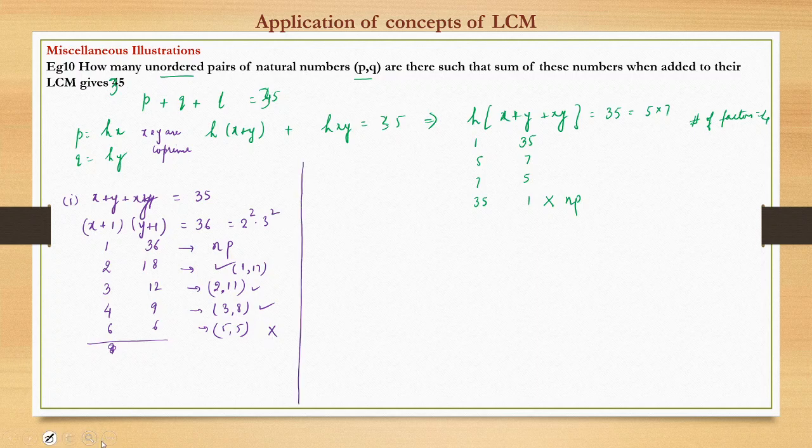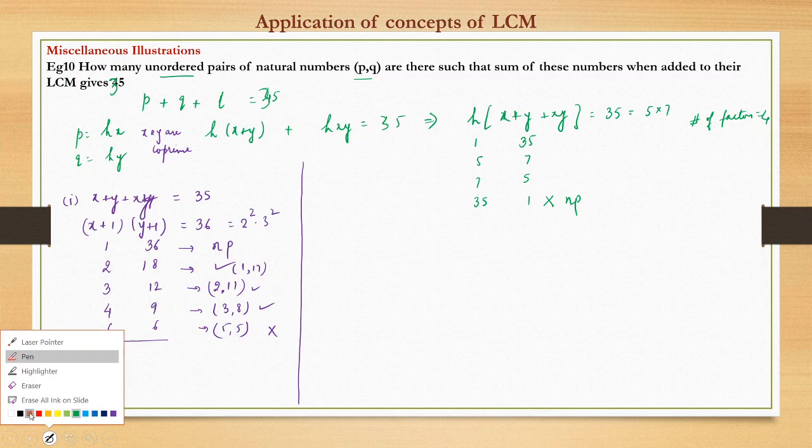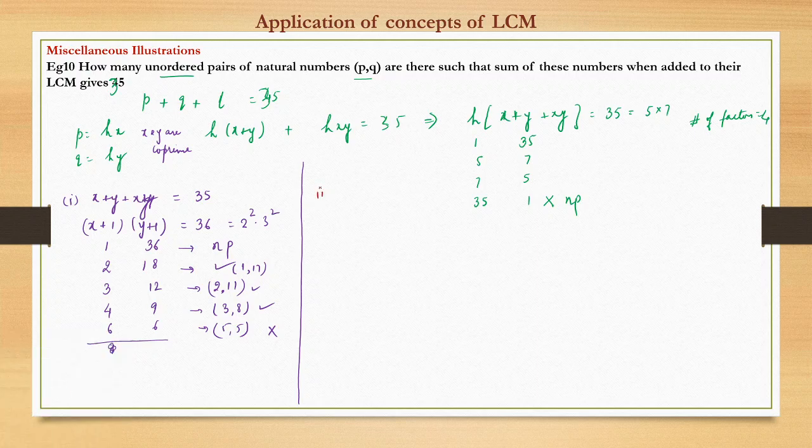Now we will look into the second case. Second case is x plus y plus xy is 7. So this we can write as x plus 1 into y plus 1 is equal to 8, right? So how many ways we can factorize this?